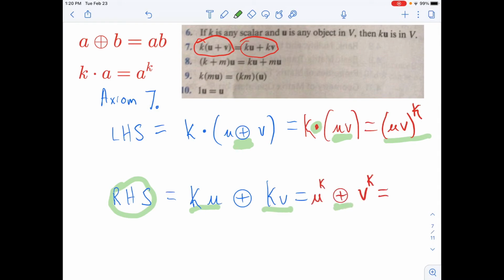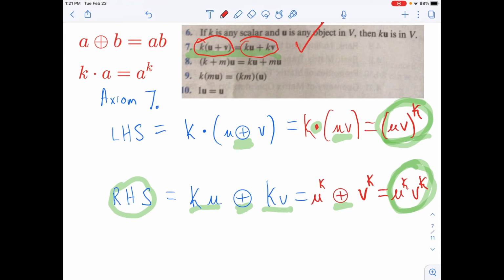And we haven't done the vector space addition yet, so we'll do that next. But that's just multiplication. And we want to know if the left-hand side is the same thing as the right-hand side. And it is. That's a property of real numbers at this point. We translate what axiom 7 means with its strange definition of addition and scalar multiplication. We translate that into something that we understand with real numbers, and it turns out to be a familiar property with real numbers. Axiom 7 is correct.